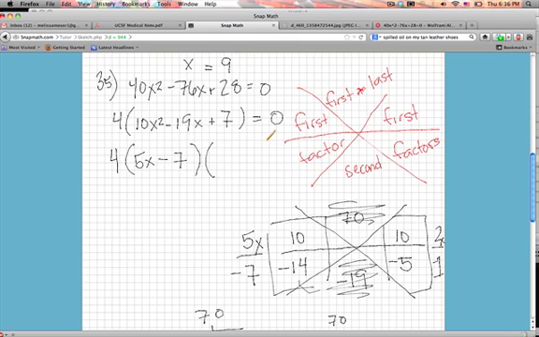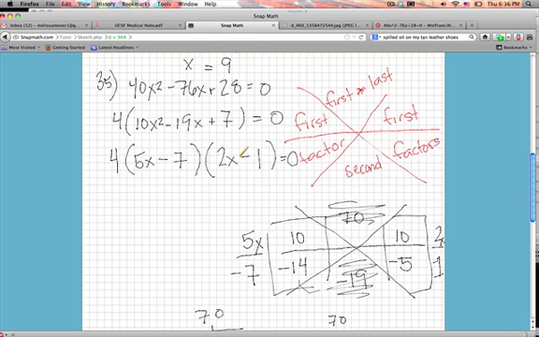Easy peasy. Now we have our second factor, 2x, and it looks like this is also negative, so we're going to have minus 1. And of course that's still equal to 0.